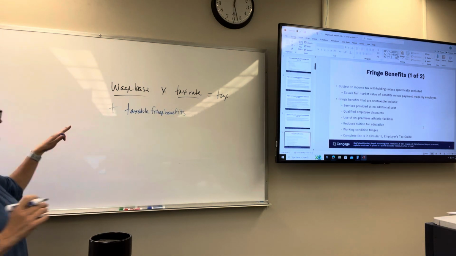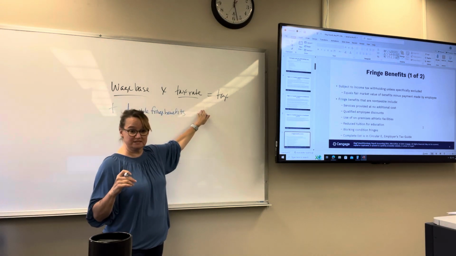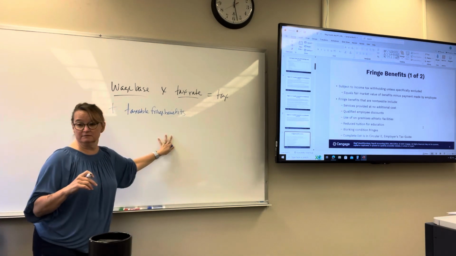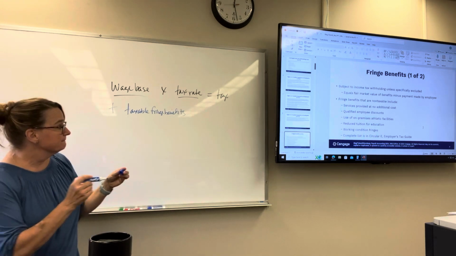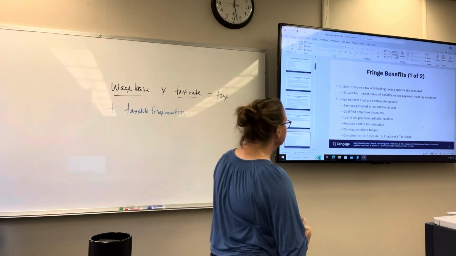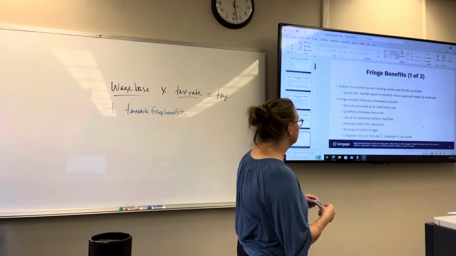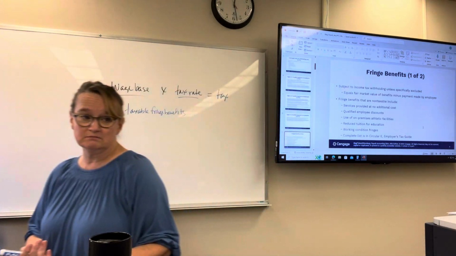How much is going to be subject to our tax rate? Those taxable fringe benefits. Non-taxable fringe benefits, we're not going to add that to our wage base before we do the calculation. So to determine the value of that fringe benefit, we take the fair market value of the benefits minus any amount that maybe the employee is paying.